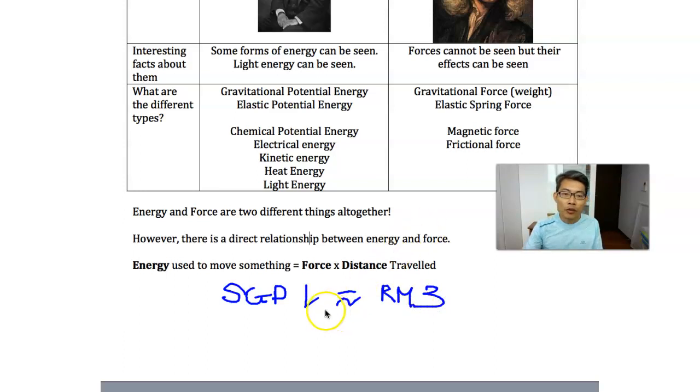So if I have more Singapore dollars, let's say I now have 20 Singapore dollars, therefore I will also have more ringgit. When this one increases by 20 times, this one will also increase by 20 times.